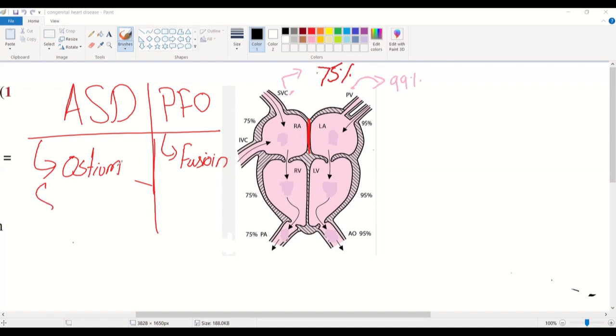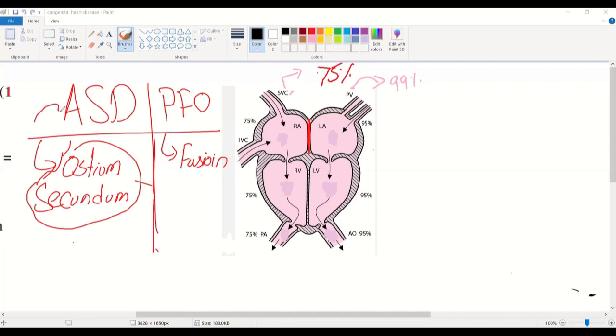It may also be due to ostium primum, when other anomalies take place, but most commonly it is ostium secundum.